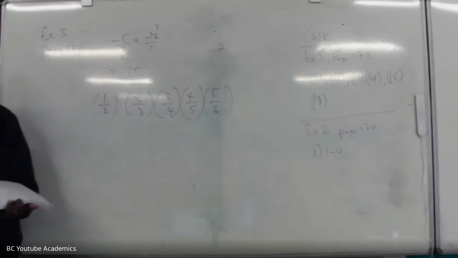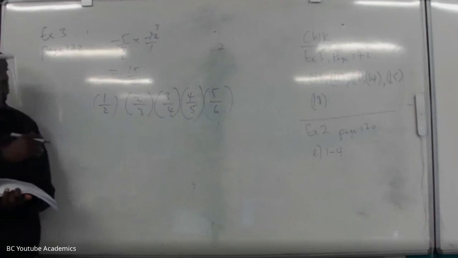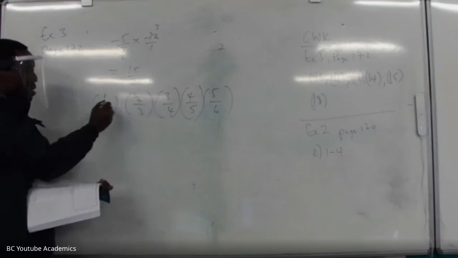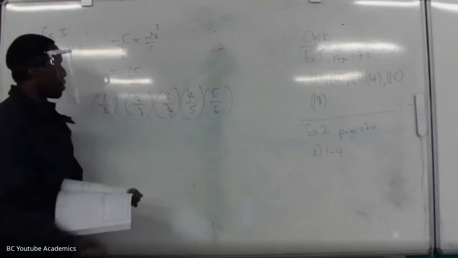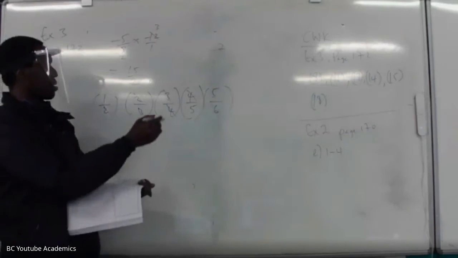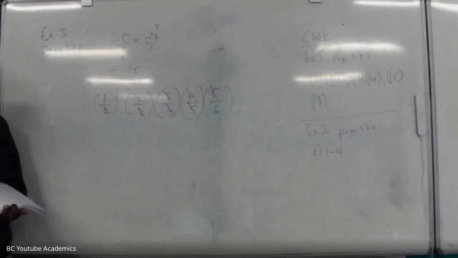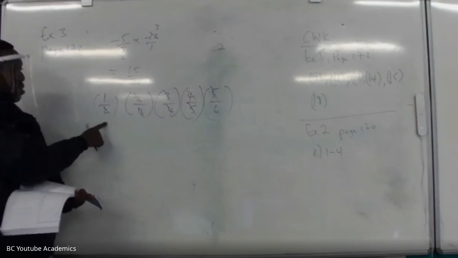Remember the bracket means multiply, so when you're dividing into 3, it means multiply. So the 2's cancel against the 4's, and 6 is also divisible by 2, which becomes 3.